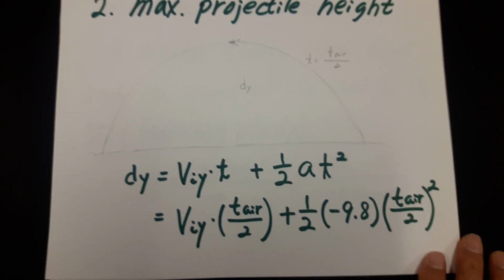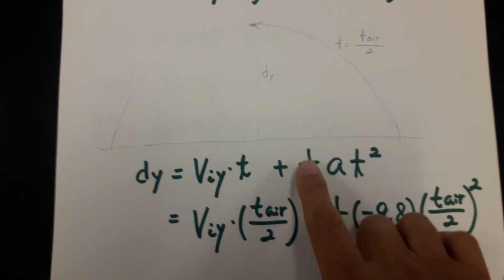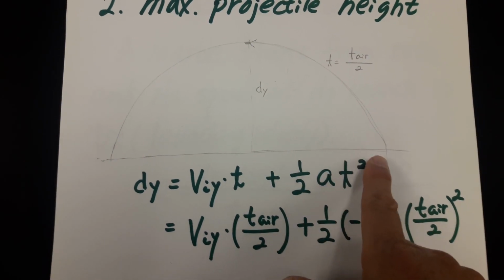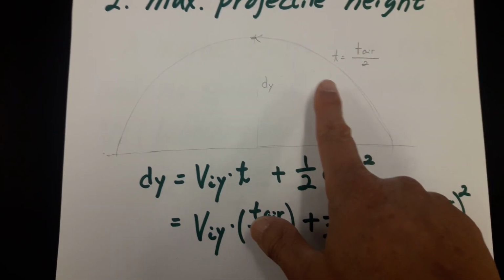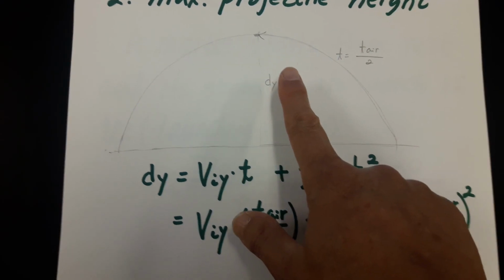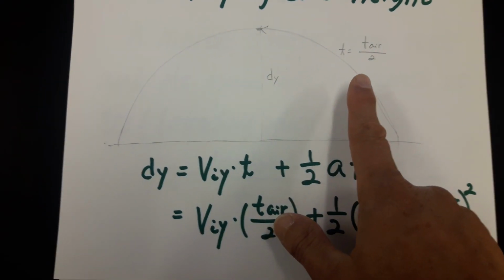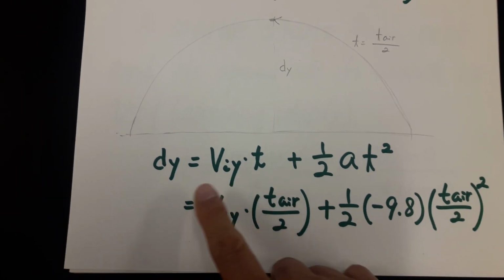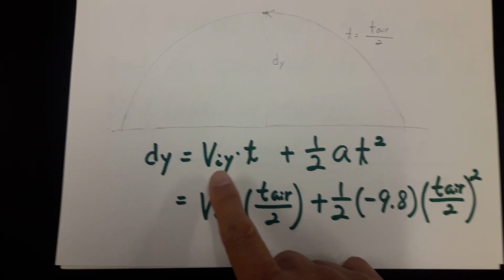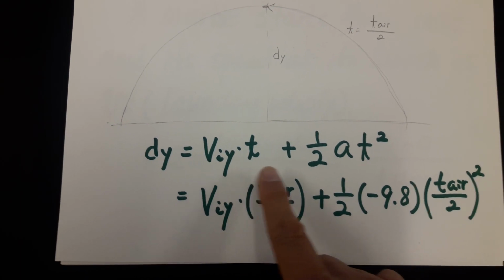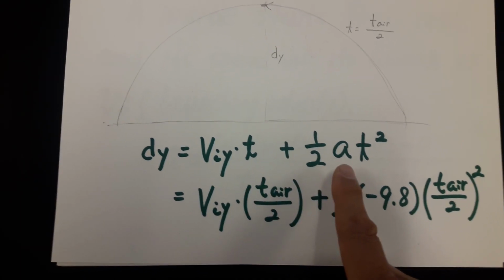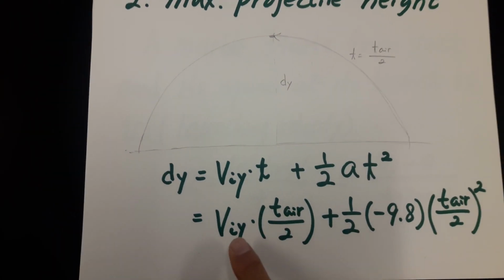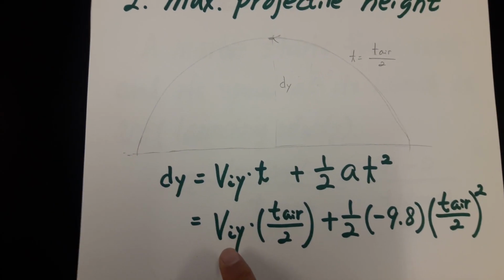Maximum projectile height. Maximum projectile height is this one. So we know the time it takes the marble to reach the peak is half air time. So using this equation, which is distance equals initial velocity times time plus 1/2 acceleration times time squared, we can find maximum projectile height.